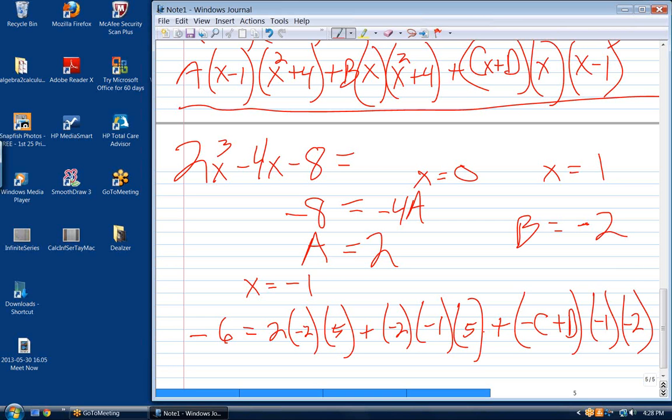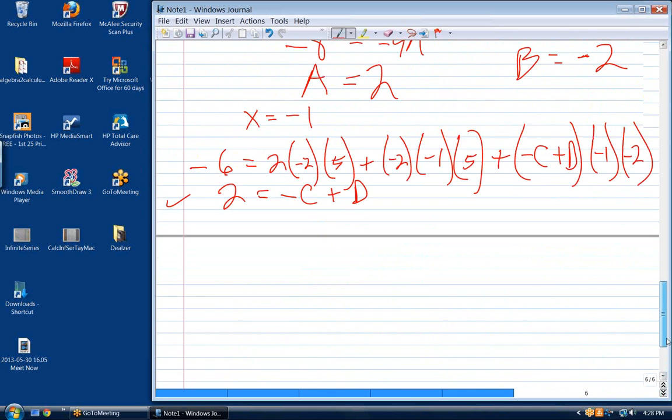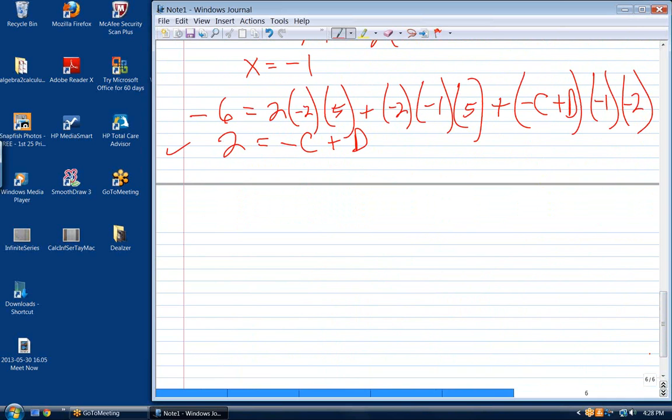Okay, and that simplifies to 2 equals minus C plus D. So one equation, two unknowns, we can't solve, but we can pick another value for x and generate a second equation.